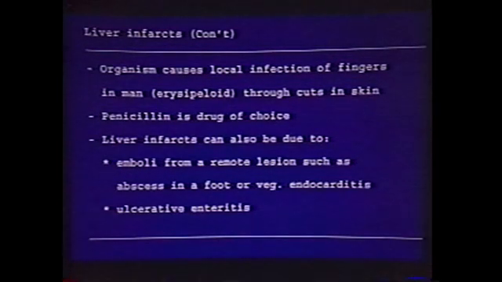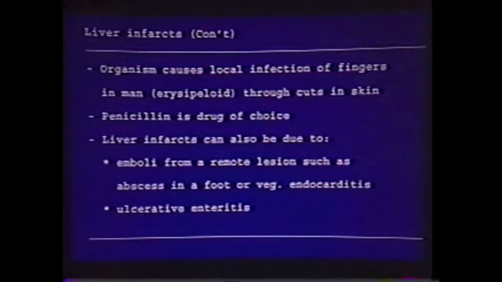Penicillin is the drug of choice for birds, other animals, as well as for a human. You can treat a human with penicillin whenever they get infected with this organism. It is common in butchers, common in veterinarians, if without wearing gloves and without good protection. It's common in people who handle cleaning birds and in processing plants.